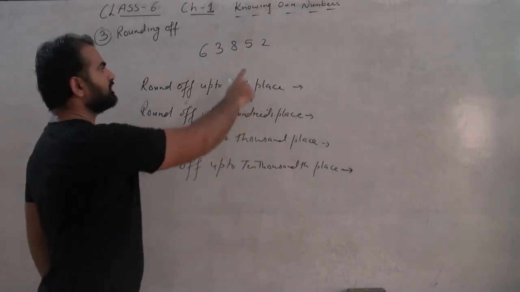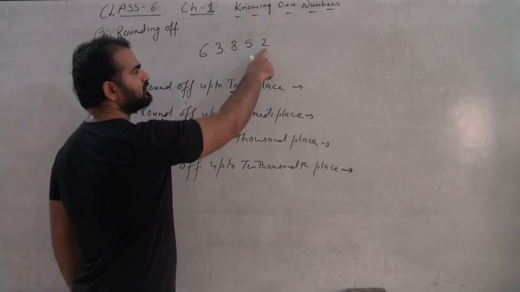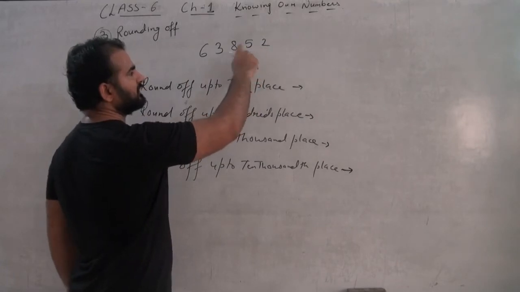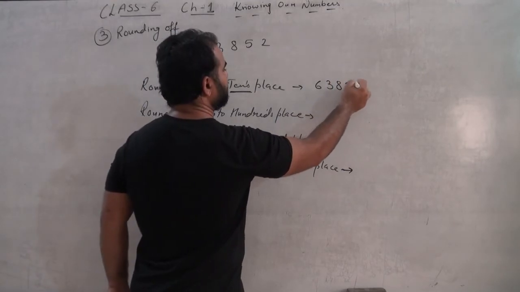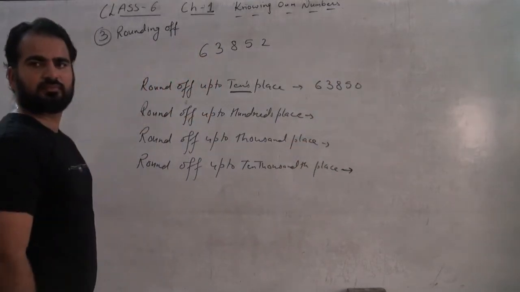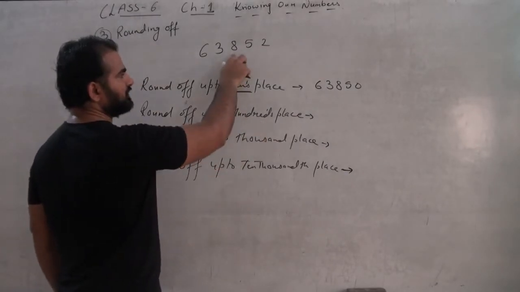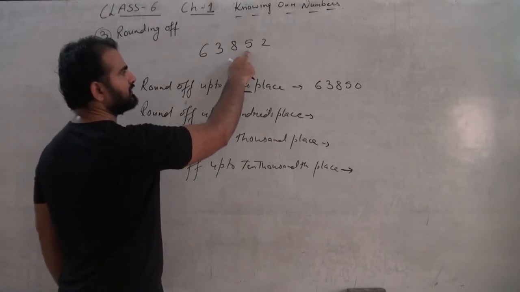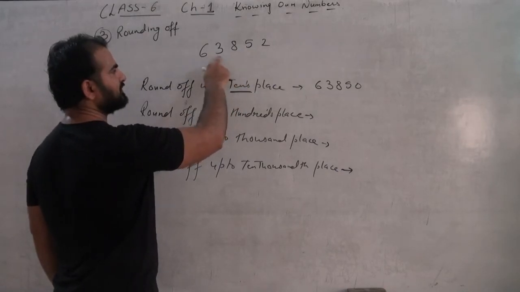Round off up to tens place. It is 2, so there will be no change at this place. It will be 6, 3, 8, 5, 0. Done. Next we have to round off at the hundreds place. So we will take a look at tens place. It is 5, then 1 will be added at the hundred place. It will be 6, 3, 9.